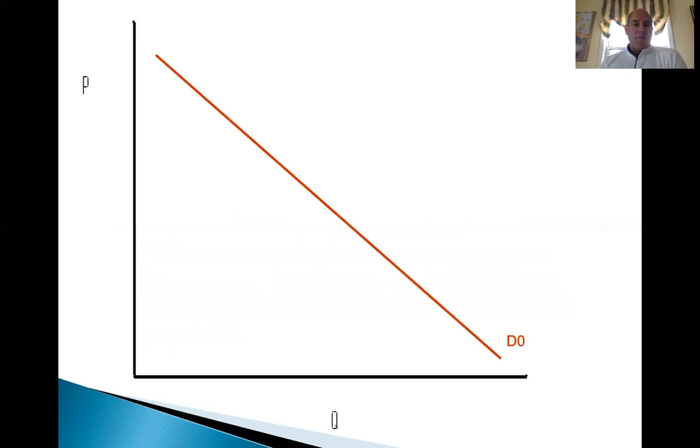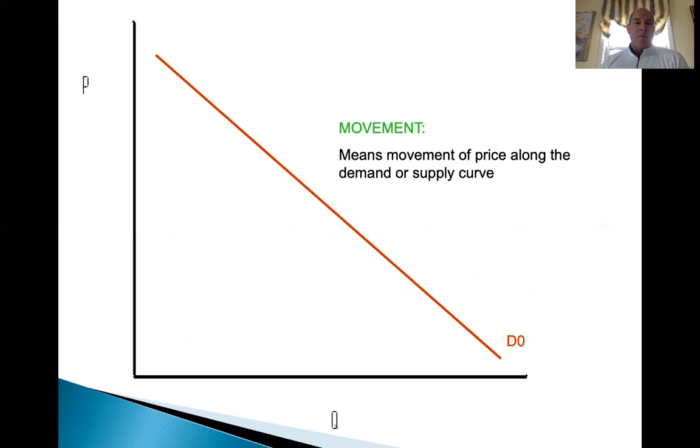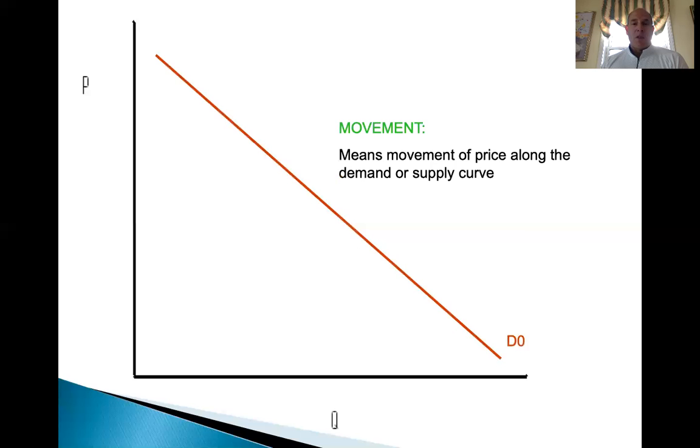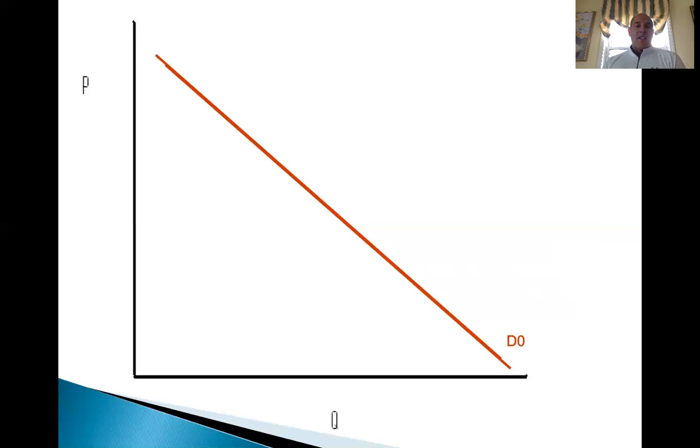So how do supply and demand interact with price? We have D0, right? And here we have price movement along the demand curve. Price movement is any time of a relationship up or down the demand curve. That's known as movement. And we also can have demand shift. Demand shift is that the demand for the product has actually gone up.